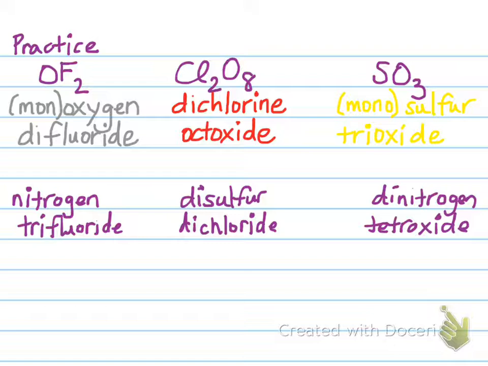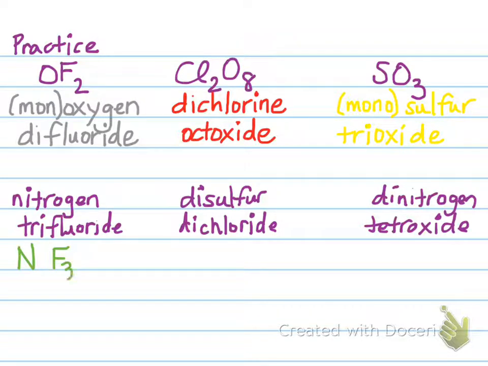All right, the next one, I'm given the name and I need to write the formula. So I'm going to do my symbols first. Nitrogen is an N, fluoride is an F, but no charges are crisscrossing, none of that. Remember, our prefix tells us our subscript. There is no prefix on nitrogen, which means it's 1.